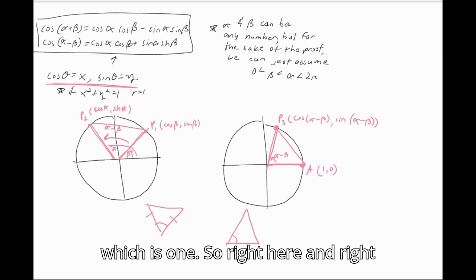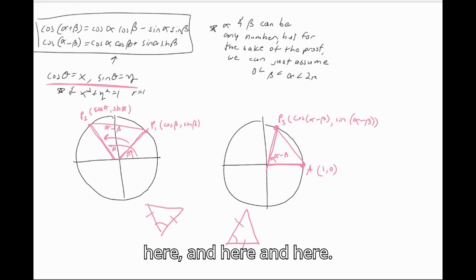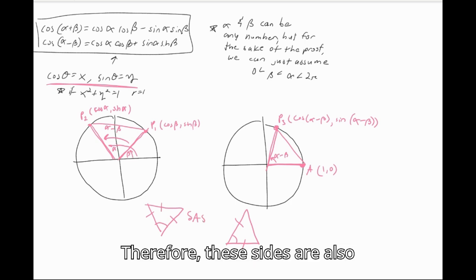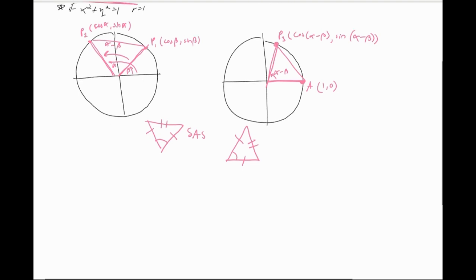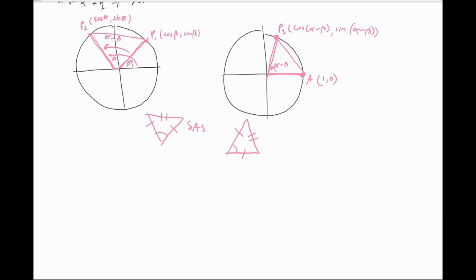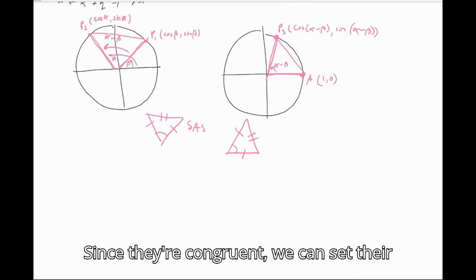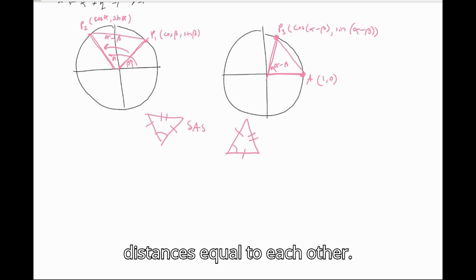So right here and here, and here. So therefore, the triangles are congruent by side angle side. Therefore, these sides are also congruent by CPCTC. Since they're congruent, we can set their distances equal to each other.